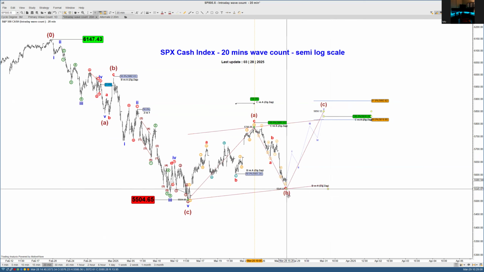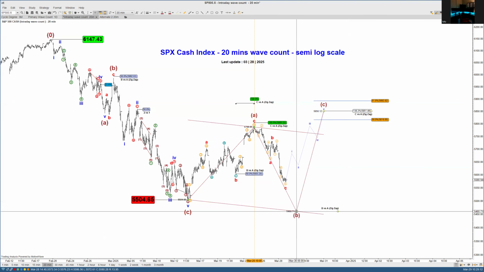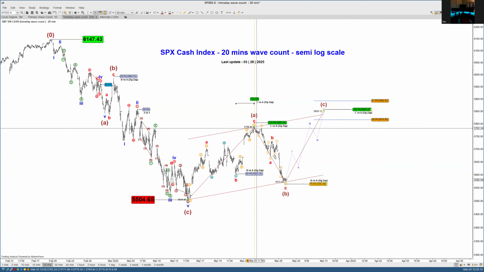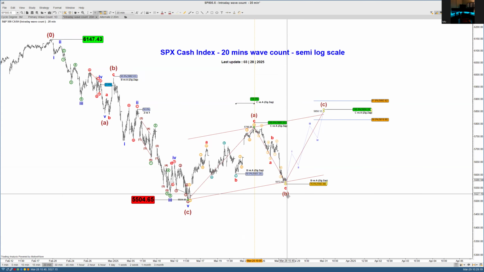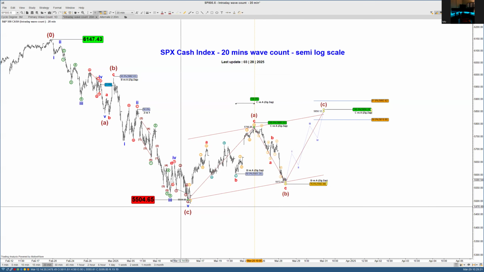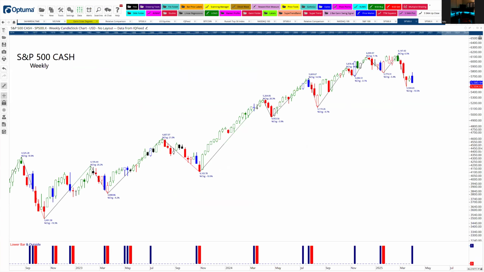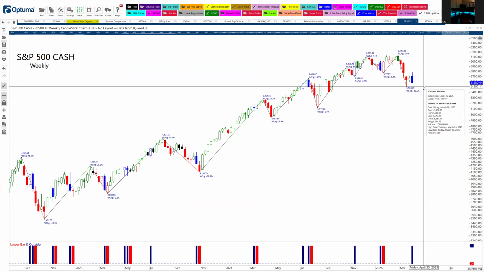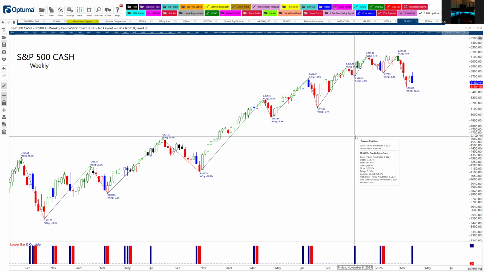So meaning that this comes all the way down here like this, I'm gonna have to readjust it. So you have three up, three down, but then B takes out this low, and then from there, the five waves up in C wave called a flat. That's how I see it. To me, looking at these relationships, that's what it looks like, if I have to put it with the Elliott.